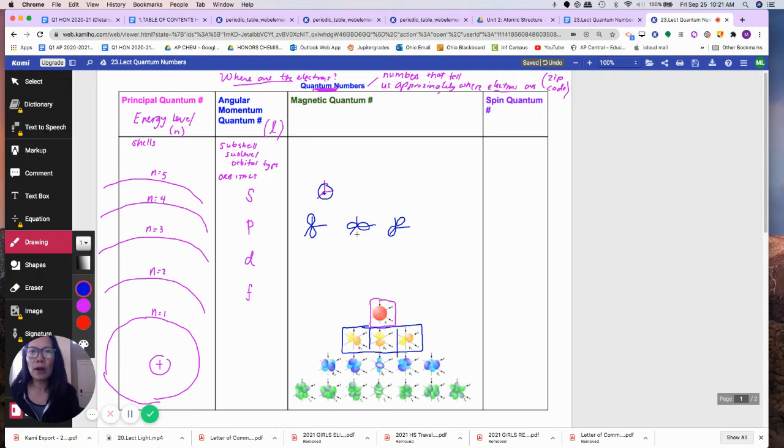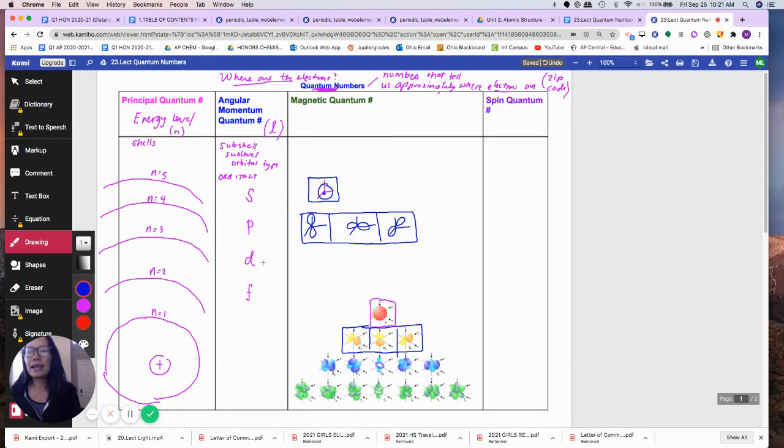So there could be 3 possibilities where the electrons may be. I will put a box here that signifies 1 orbital for s, and then 3 boxes here, that signifies 3 orbitals on the p sublevel. Okay, so this is the p level.